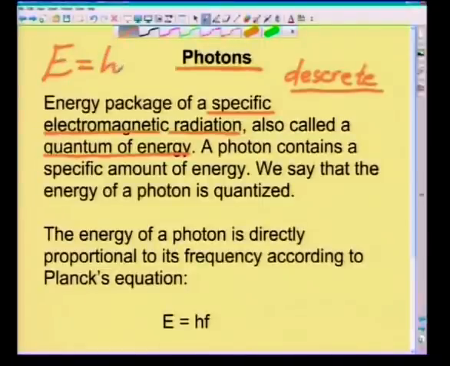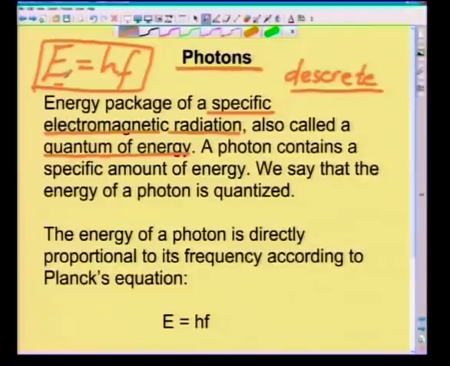Why can it be just that energy? Because you will remember earlier on when we looked at the energy equation, E equals hf, this energy depends on the frequency, f. And the frequency of a particular light is specific.